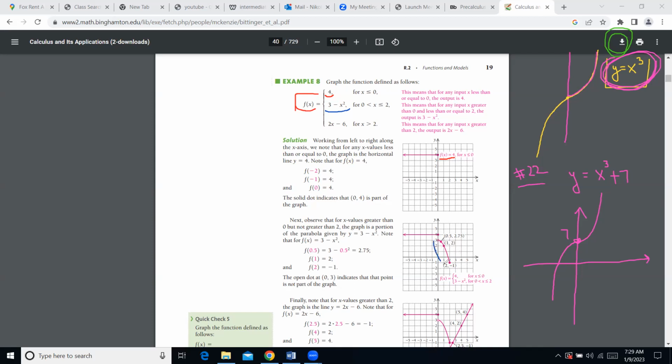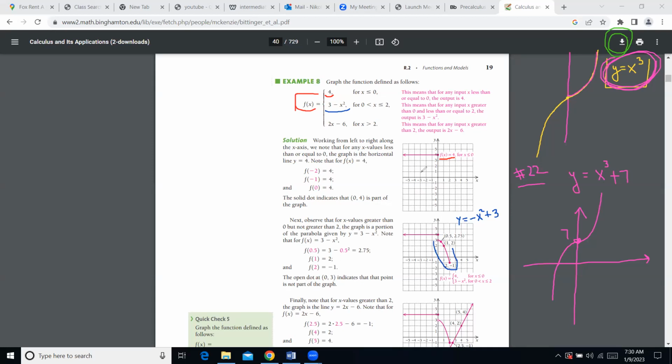This is a part of a parabola, like y equals minus x squared plus 3, right? A parabola that opens down and then moved up 3 units.